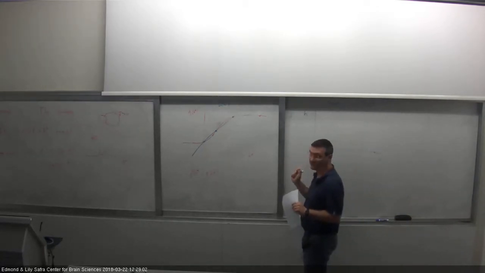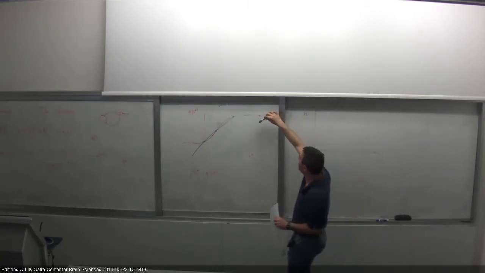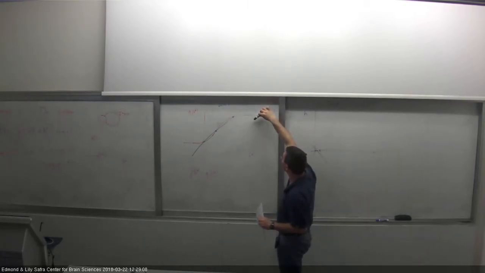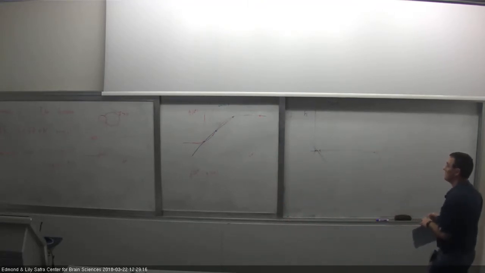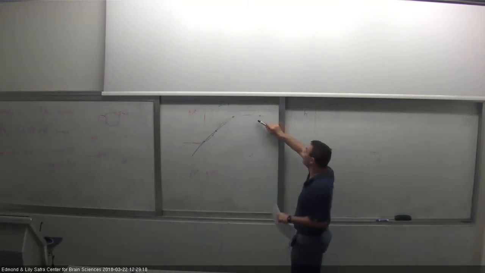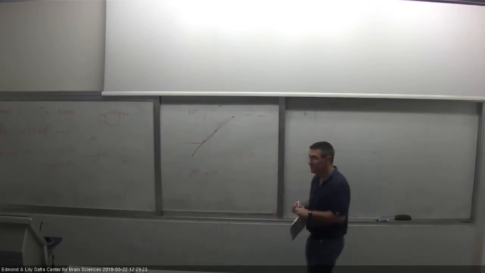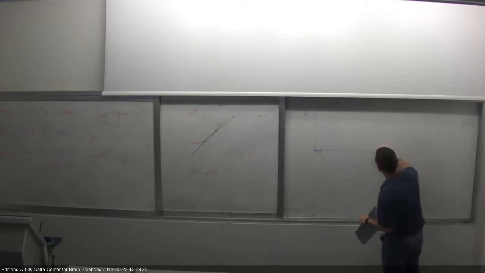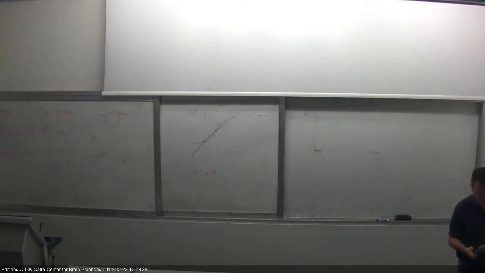What can we say in this case? It's the same. The slope of this line at the fixed point is larger than the slope of the sigmoidal function. So the stability will be dominated by this identity line, and again, this fixed point will be stable.